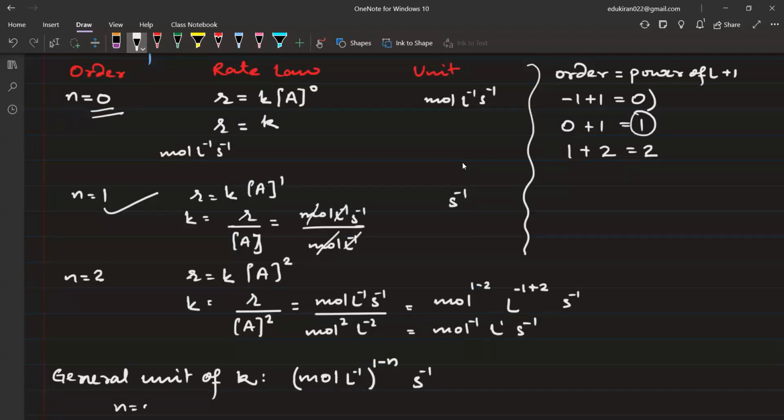And n is equal to the order of reaction. If they give you the order and ask you to write the unit, then use this formula.